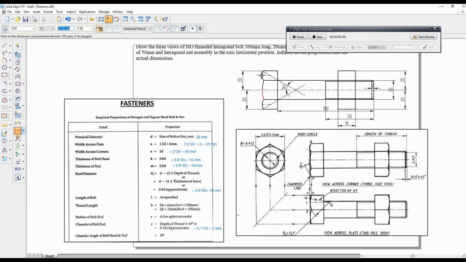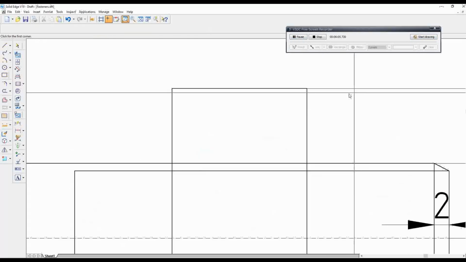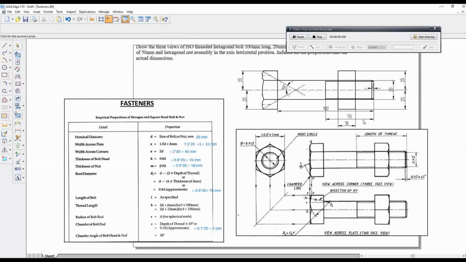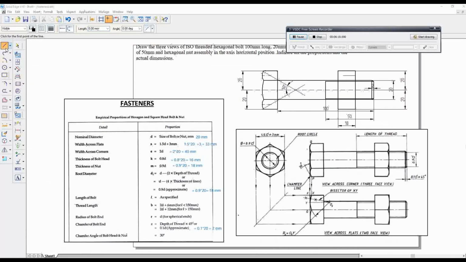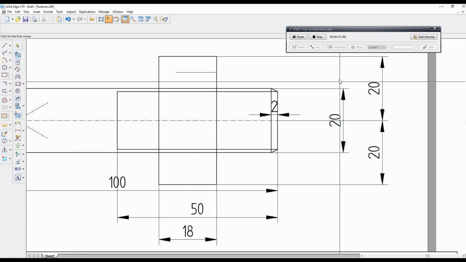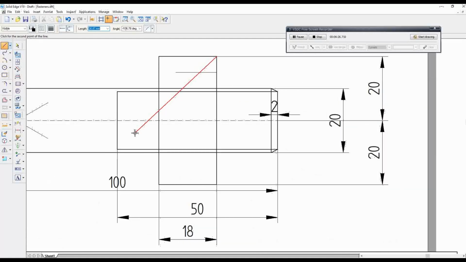So similar to bolt head, we have to make chamfer for nut head. I'm going to zoom this portion. Similarly, I will identify the center. So I'm going to draw a thin line. Similarly, I'm going to draw a 30-degree line on this end, which is 30 degree to this vertical axis.